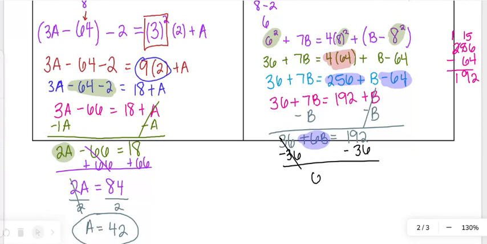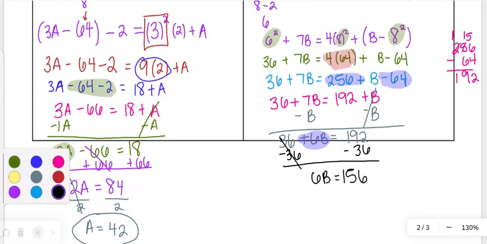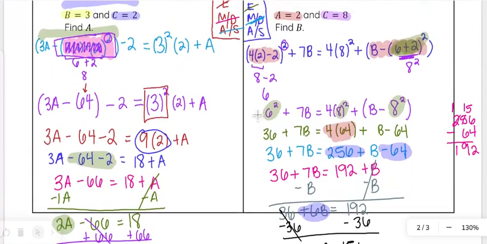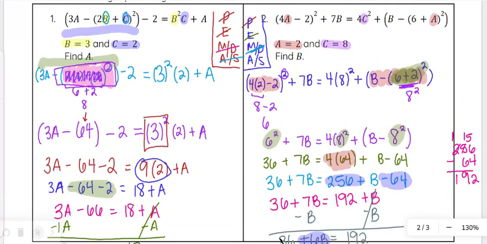So we have 6b equals, and then 192 minus 36, which gives us 156. And then we divide both sides here by 6. And for b, we get 26.